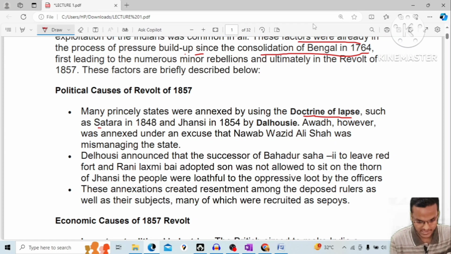It was a reason of dissatisfaction. तो झांसी और सतारा की जो प्रिंसेस स्टेट्स ये डॉक्ट्रिन ऑफ लैप्स पे ले लिया गया था, क्योंकि ये डॉक्ट्रिन ऑफ लैप्स में आपको पता होगा when there is no legal heir, and if there is only the adopted son, when the king or the queen has no son, because only the son was considered the legal heir. अगर उनका कोई बेटा नहीं होगा तो वो राज्य चला जाएगा ब्रिटिशर्स के पास. तो 1854 में डलहौसी ने लाया था.